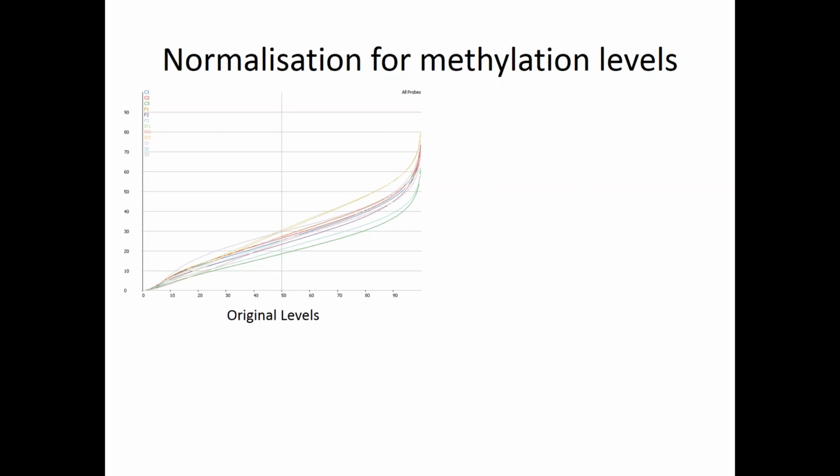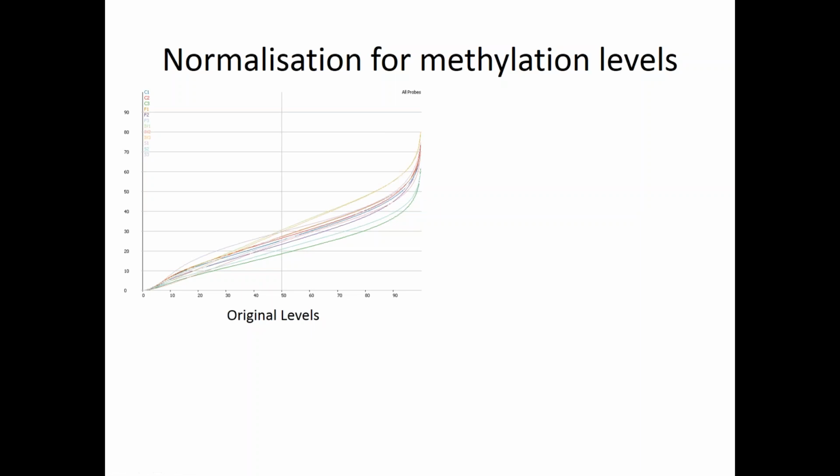One final complication for the statistical analysis then is where you have a case like this. So here we have lots of different samples with methylation levels which are related, but we can see that there are global differences between them. If you've got differences in your methylation levels, it's often justifiable to normalize those away.